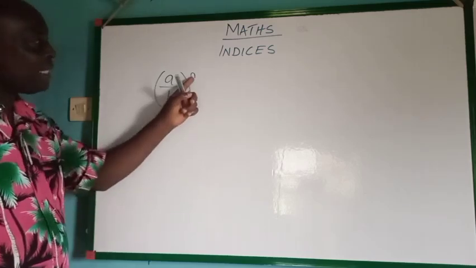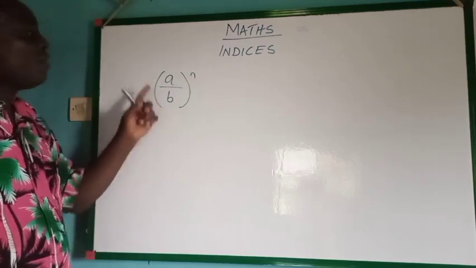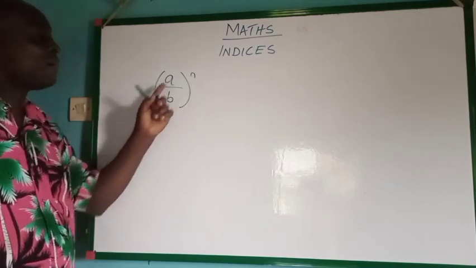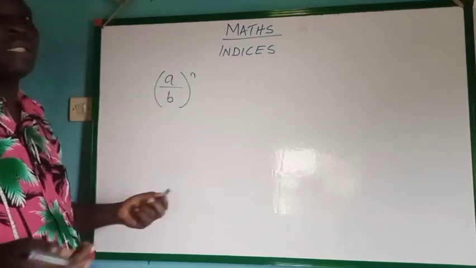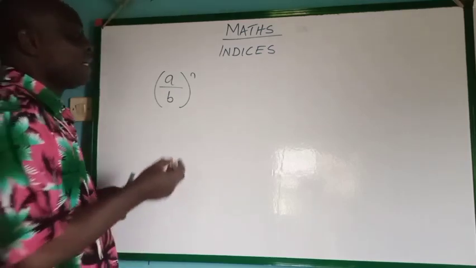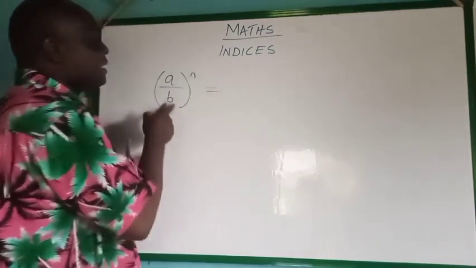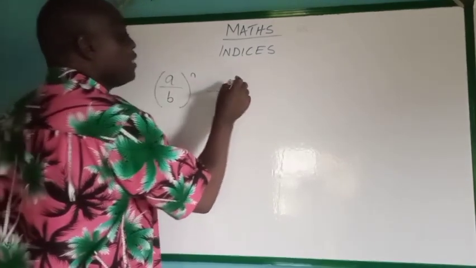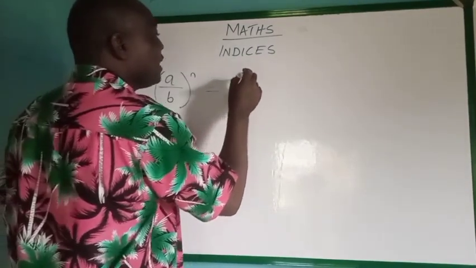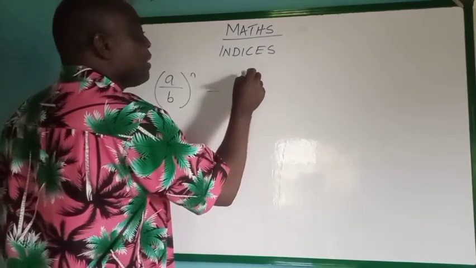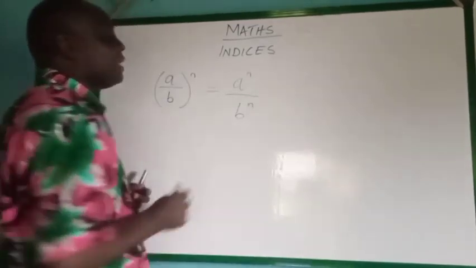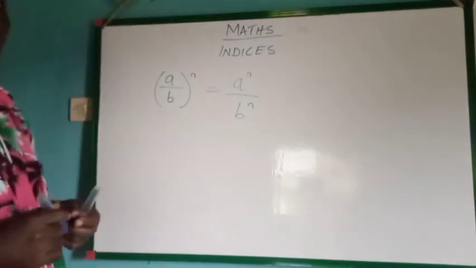How does the power that is outside these brackets of the fraction, having the numerator and the denominator, affect both the numerator and the denominator? We are here to say that this expression is the same thing as using this power for the numerator, which is a, going to be a raised to power n, then the power as well will affect the denominator, b raised to power n. So that is how it is.